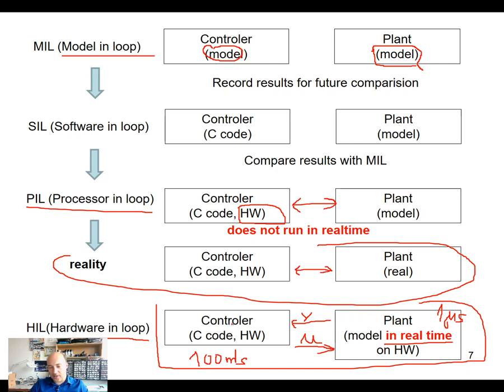You will create the controller, first in simulation and then in the real hardware, and with real signals you will control the plant that runs as a model but in real time, and it runs on a PC. It could run also on the same board, but we will run it on a PC. So the final result will be this, a hardware in the loop approach.